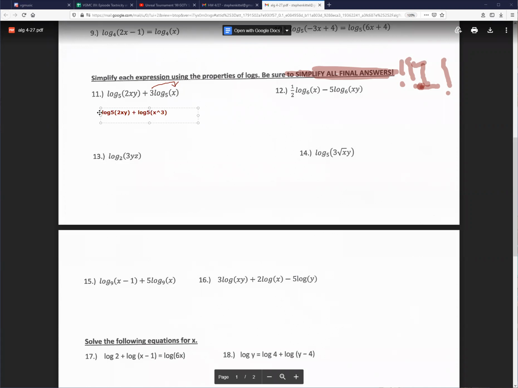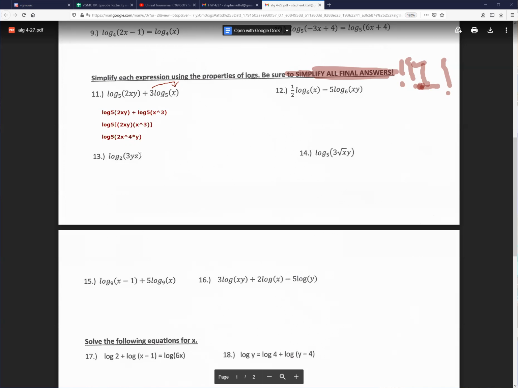And then, because we've got an addition outside, that means we've got a multiplication inside. So we've got 2xy times x to the third. And then because the instructions shouted at us very angrily, we will simplify that to 2x to the fourth times y.